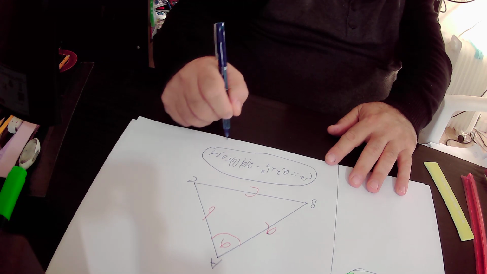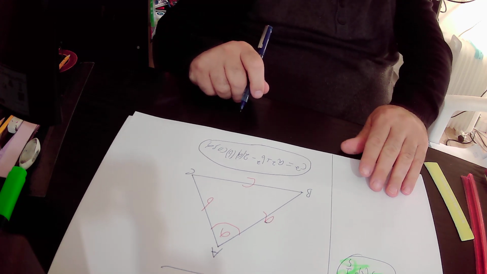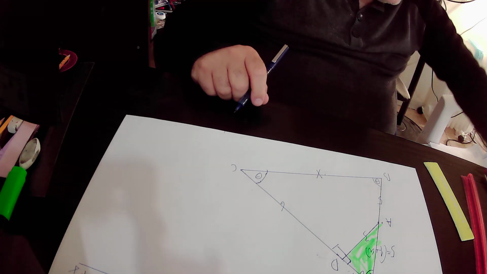So we'll implement the law of cosines in our triangle EBC.